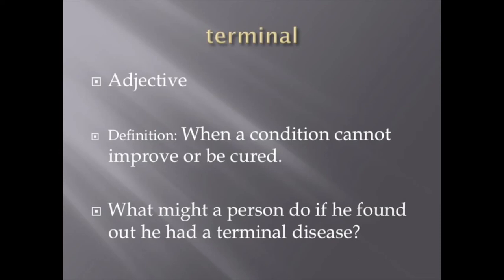That's not the definition we'll be using this week, and instead we'll be using this adjective form. The word terminal can be used like this. My bike had a terminal chain problem and could not be fixed, so I had to buy a new one. Now think of this question. What might a person do if he found out he had a terminal disease? Write your response on your vocab sheet.